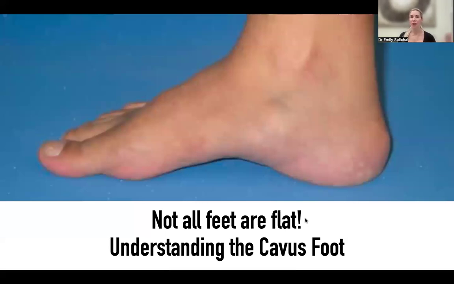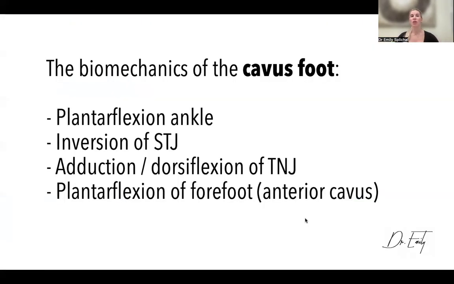There are many people with high arches, which is referred to clinically as a cavus foot. So if you ever hear that word, that is essentially what it means. So when we are thinking about a foot that is cavus, higher arches, this is really falling under supination. Okay, so supination is going to be the opposite of pronation.